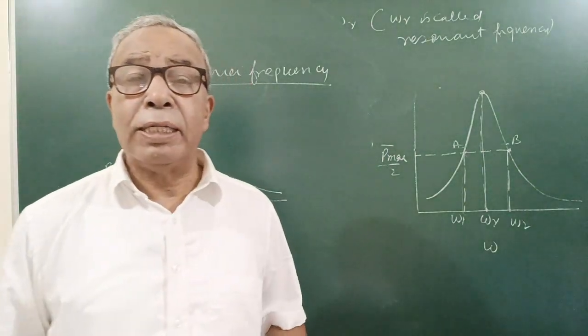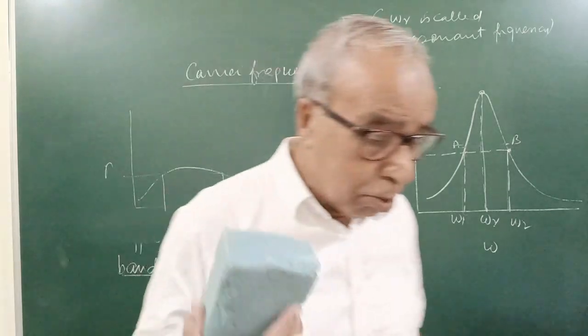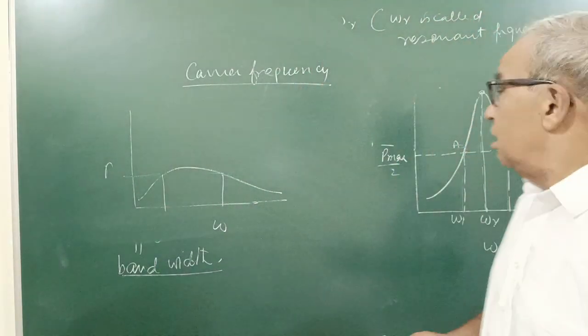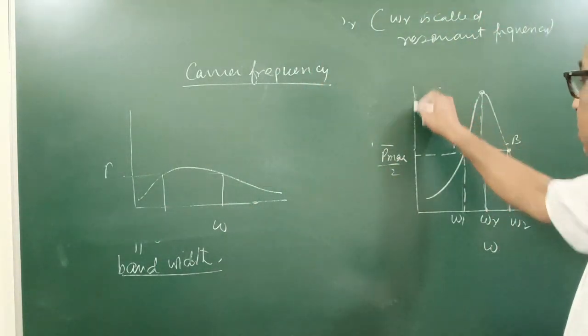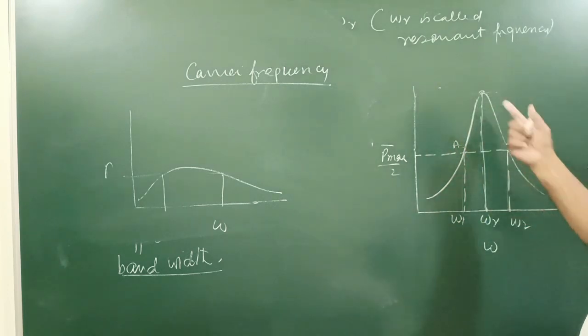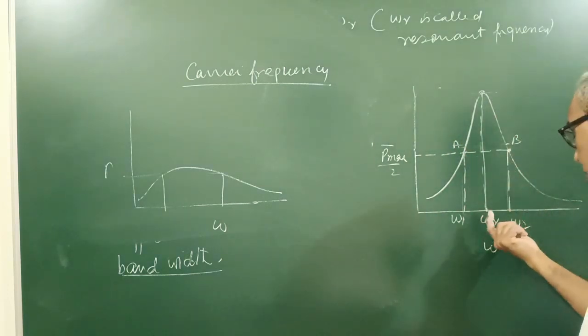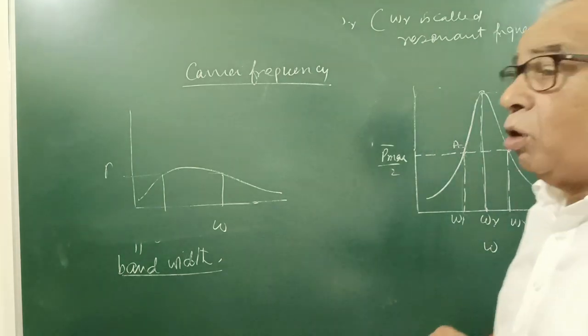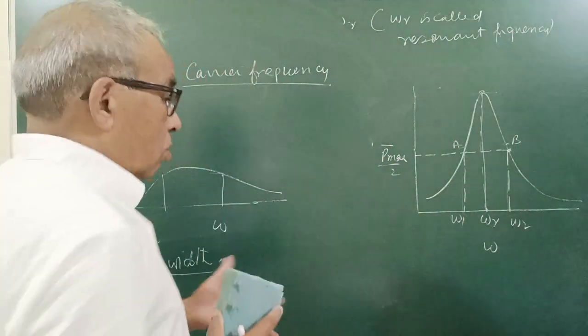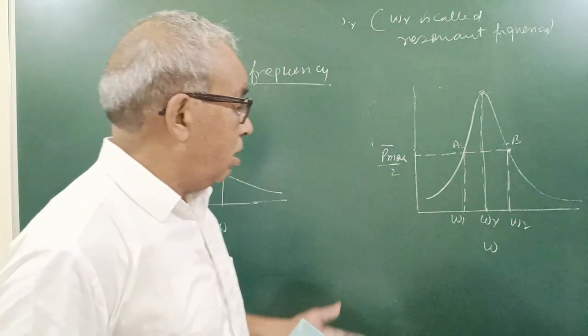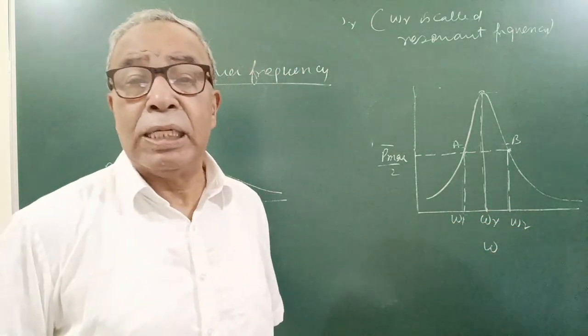To avoid overlapping of the sound of different channels, this peak should be sharp, and the peak will be sharp if omega 2 minus omega 1 is small, so that we can get only one signal.